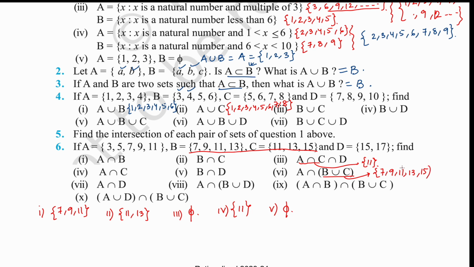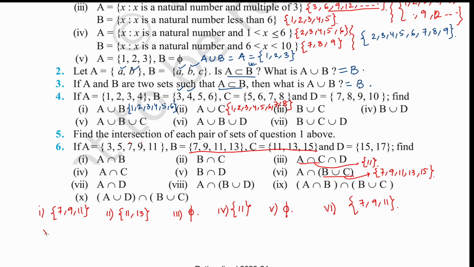So this is B union C, and we have to take the intersection of this set with A. That means we have to take the common elements between this set and set A. The common elements are going to be 7, 9 and 11, right? So your final answer for the sixth is going to be 7, 9 and 11.